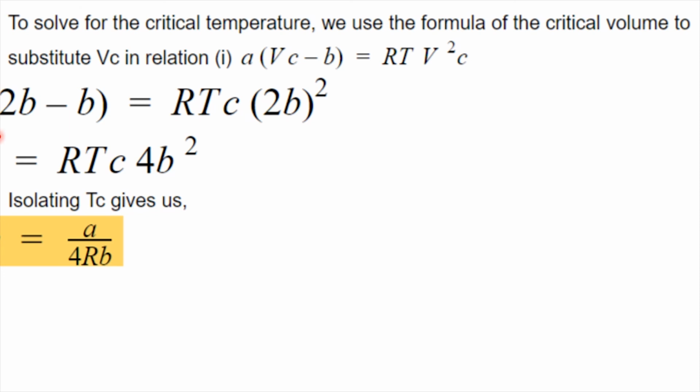So a times 2b minus b is equal to R Tc, because we're solving for critical temperature, times 2b squared. So ab is equal to R Tc times 4b squared. And isolating Tc, it gives us the critical temperature, which is equal to a all over 4Rb.